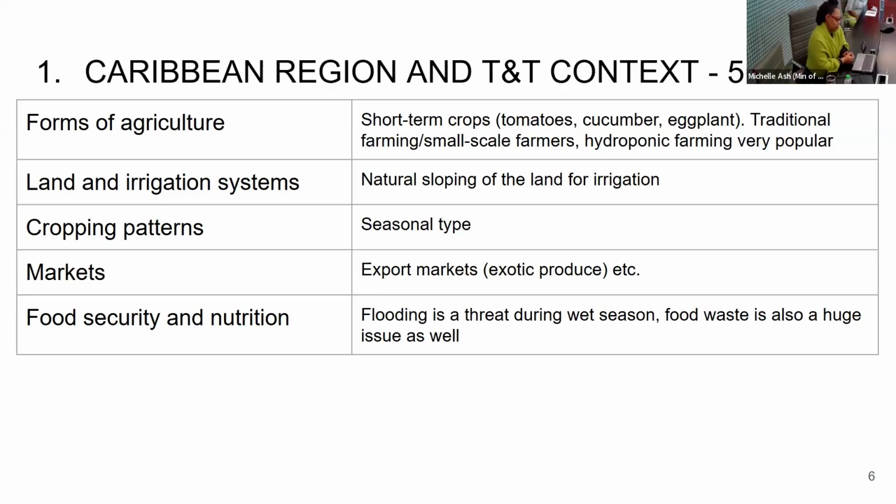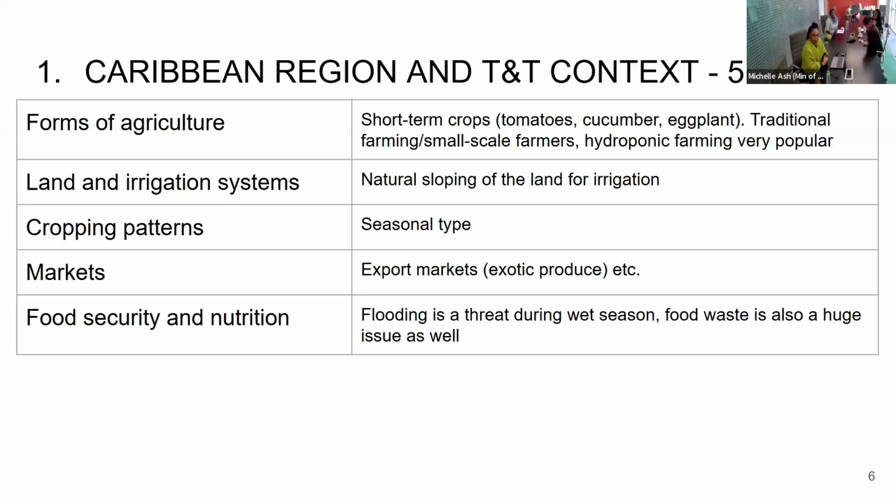In terms of land and irrigation systems, we use a lot of natural methods, like natural sloping of the land for certain types of herbs. We have a lot of seasonal cropping, and our markets are domestic, but we also have export markets for exotic fruits and vegetables.